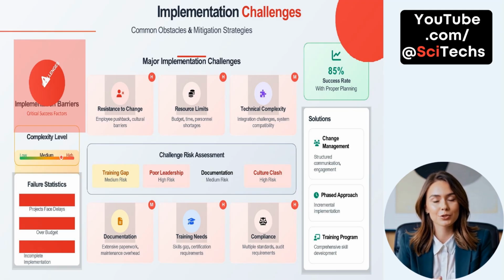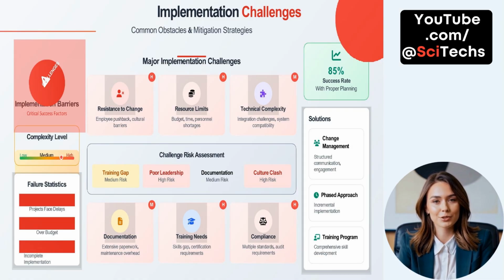These obstacles contribute to a medium to high complexity level, with failure statistics showing that many projects face delays, exceed budgets, or result in incomplete implementation. Risk assessment highlights training gaps, poor leadership, excessive documentation burdens, and culture clashes as common high to medium risks.